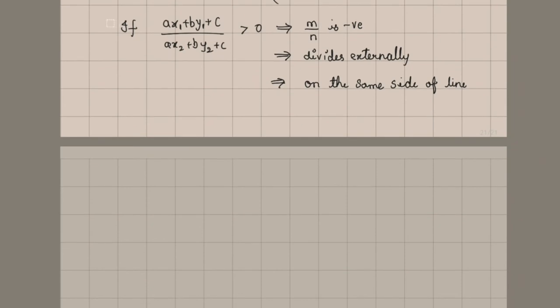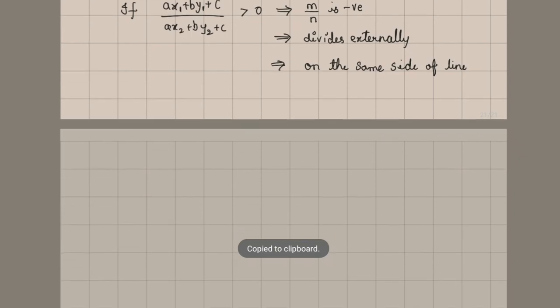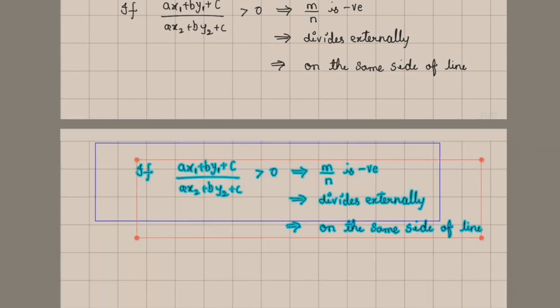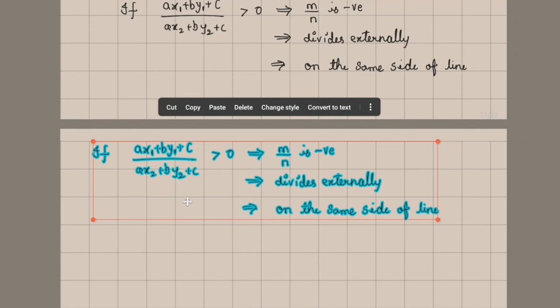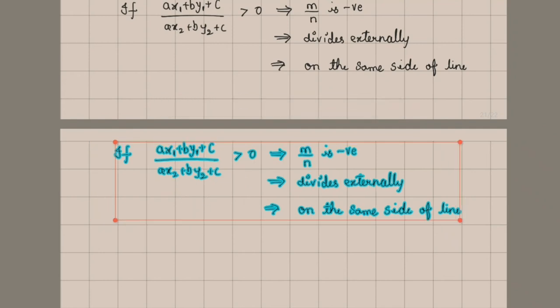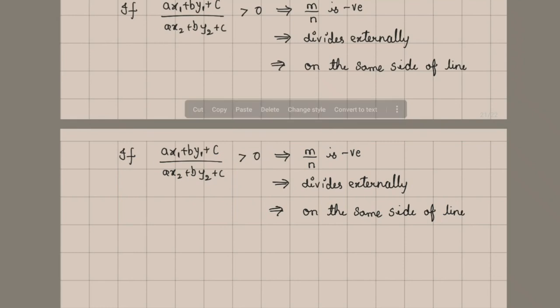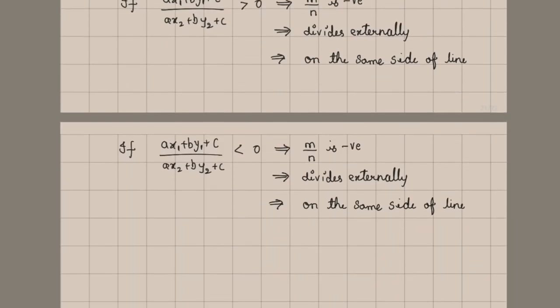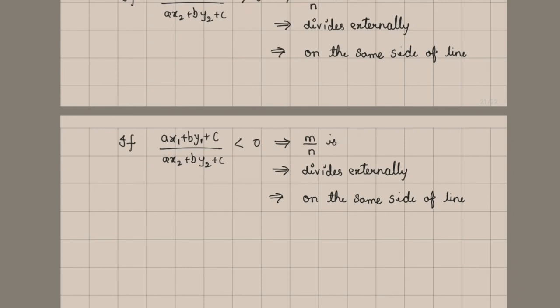Similarly, if (Ax1 + By1 + C)/(Ax2 + By2 + C) is less than 0, that means m by n is positive.